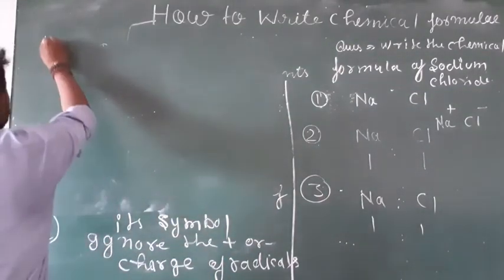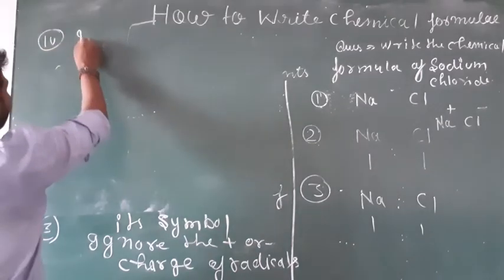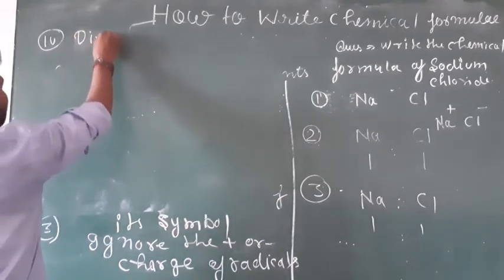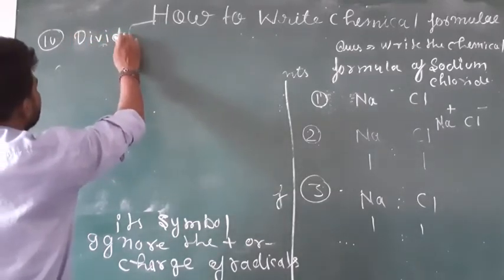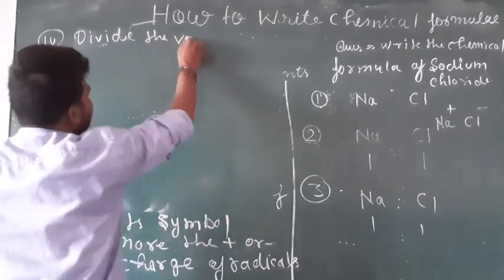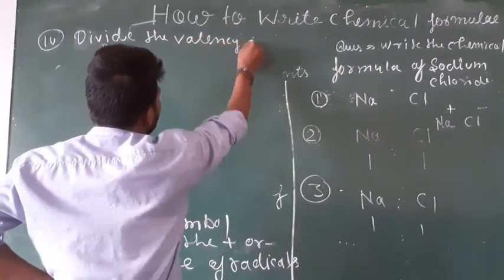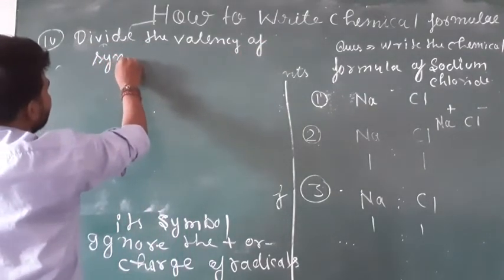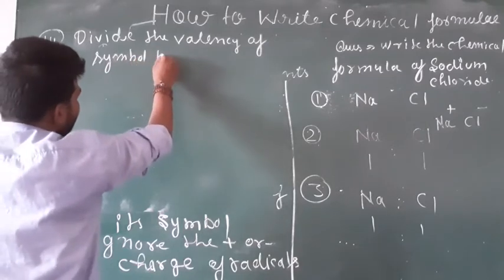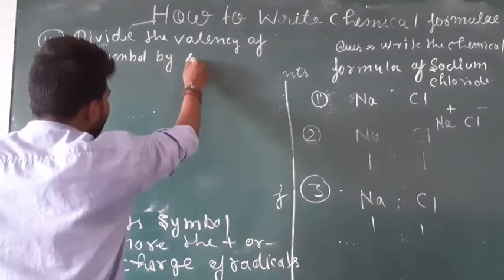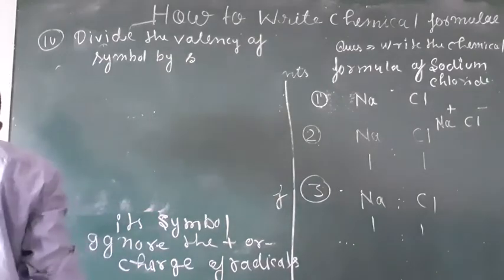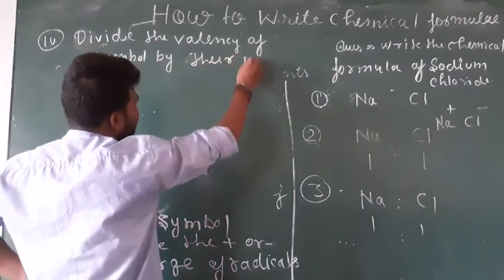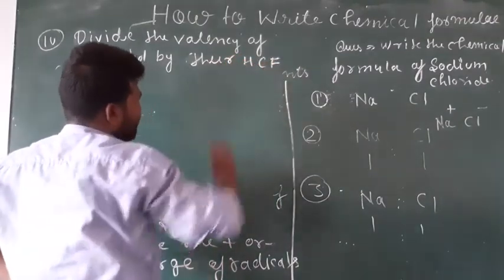Rule number 4 says to divide the valency of the symbols by suitable digits, or by their highest common factor.